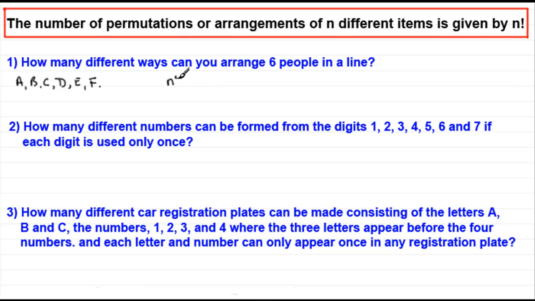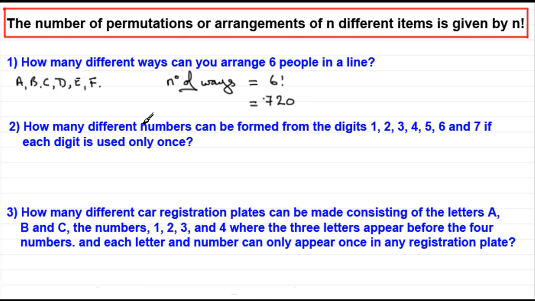And the number of ways, if we just put an intro, the number of ways will be equal to 6 factorial, as we saw earlier. And what is 6 factorial? 6 times 5 times 4, 3, 2, 1. You'll get 720.